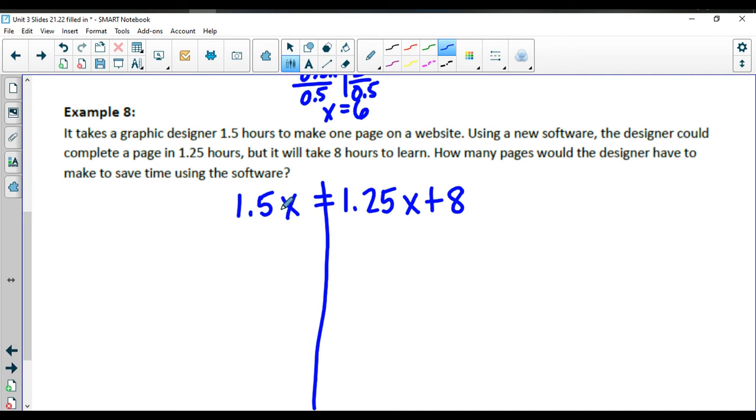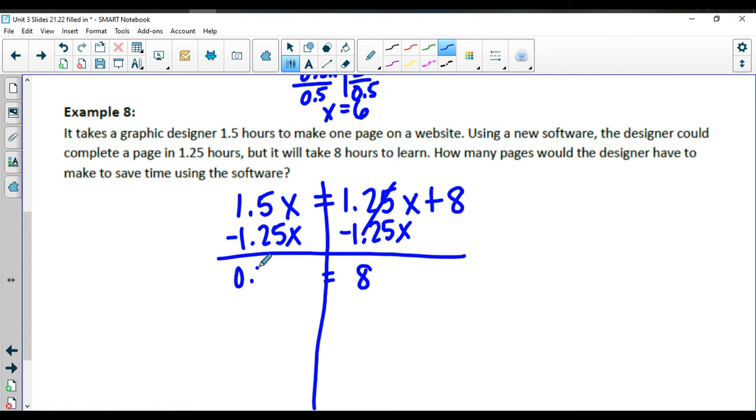So since this is over here by itself, we want to move obviously this one. It does so work out that it's the smaller one. So over here we're left with 8 is equal to 0.25x. So we'll divide through it by 0.25 on both sides. And we get x is equal to 32.